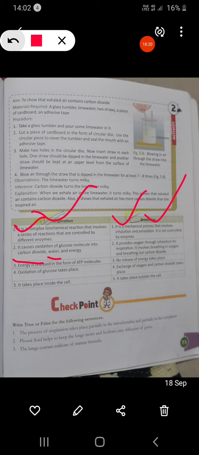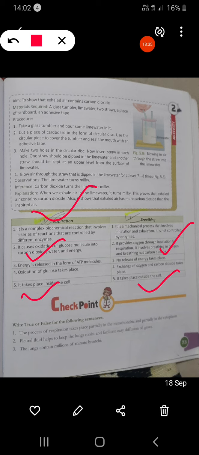So children, in the respiration process energy is formed and released, but in the breathing process there is no release of energy. Respiration takes place inside the cell, breathing takes place outside the cell. There is an important difference, children. Now see the fourth point. This is the oxidation of glucose, and this is the exchange of oxygen and carbon dioxide gas.